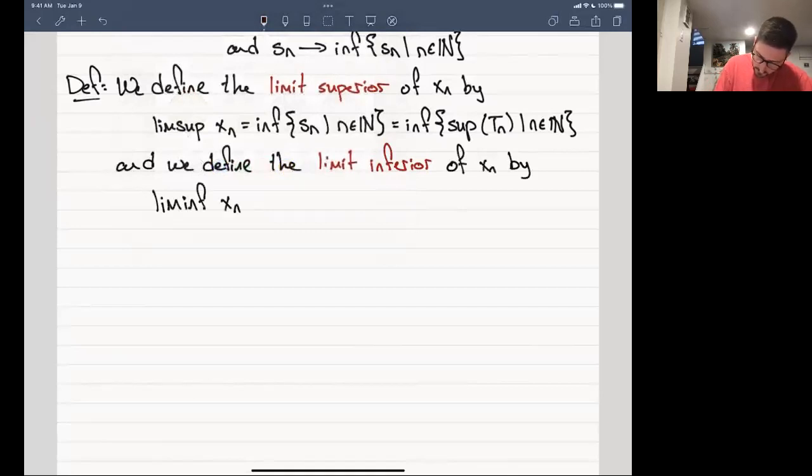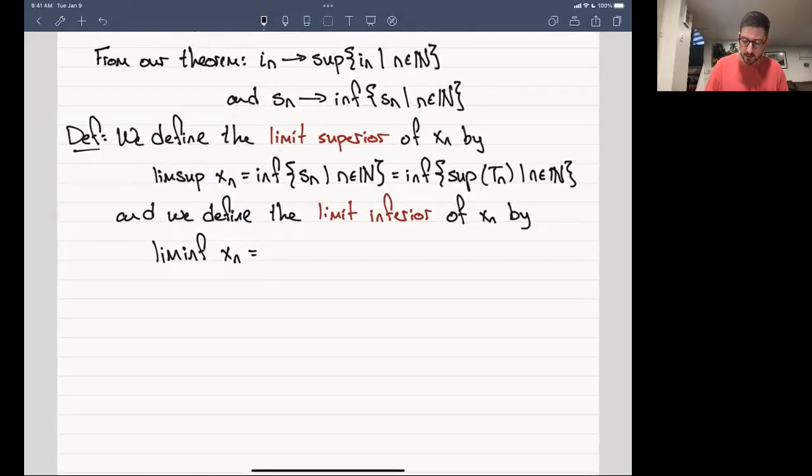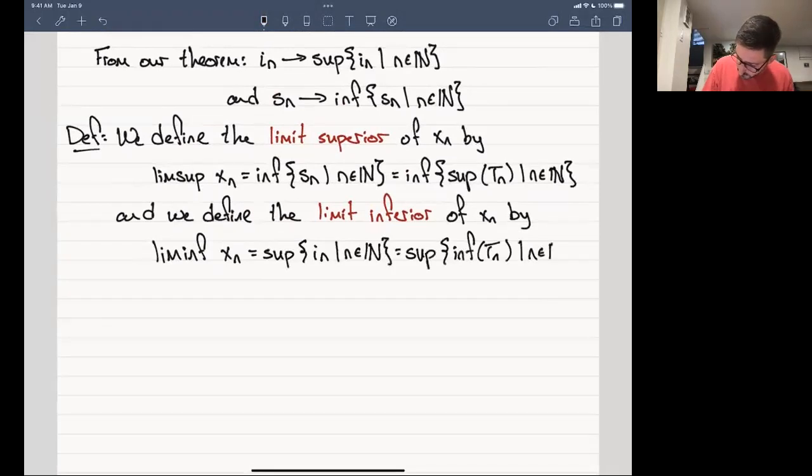This is equal to whatever your I_n's are converging to. So this is your sup of I_n, which is equal to a sup of the infs of the tails. Okay, so that's a lot to swallow, right? That's a very difficult statement to get your head around.